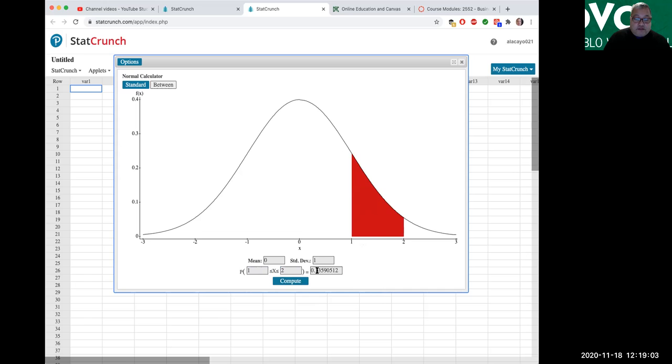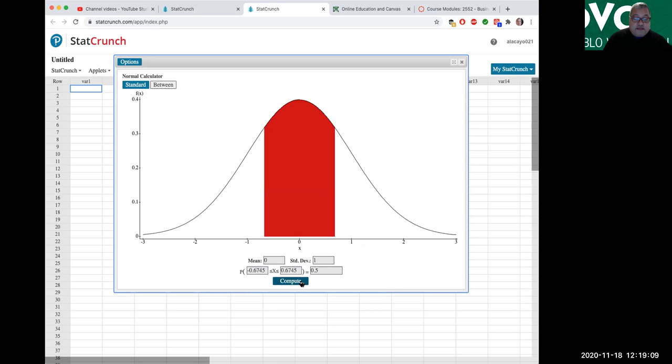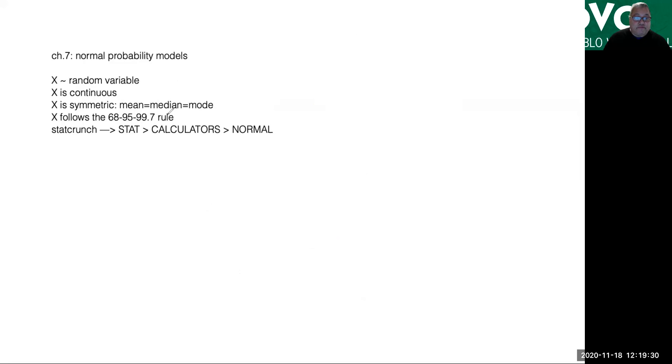Now, if I want to measure half of the area of the model, what I see is that half of the model is about 2/3 of a deviation below average to 2/3 of a deviation above average, which means that the interquartile range of a normal model is about 4/3 of a standard deviation.